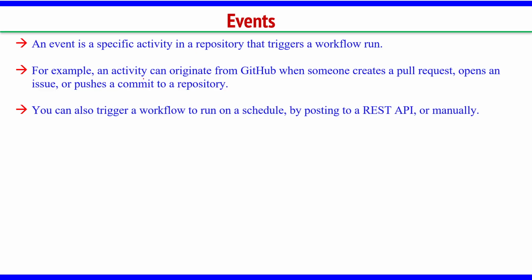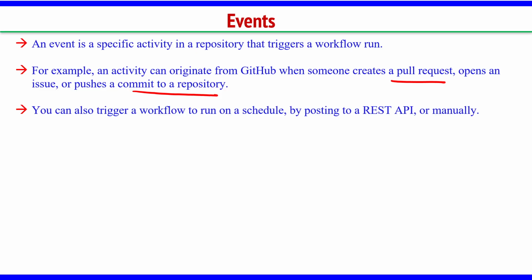For example, an activity can originate from GitHub when someone creates a pull request or pushes a commit to the repository. There is a pull request or there is a push or a commit in the repository. It's an event. We call it an event because some change has happened in the repository. Any change that happens in the repository is an event, right?